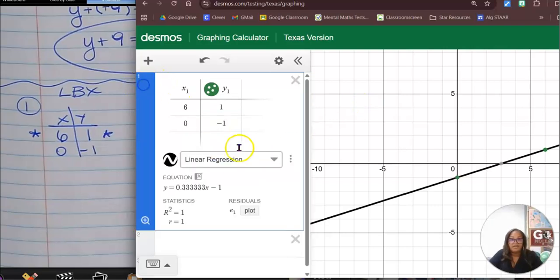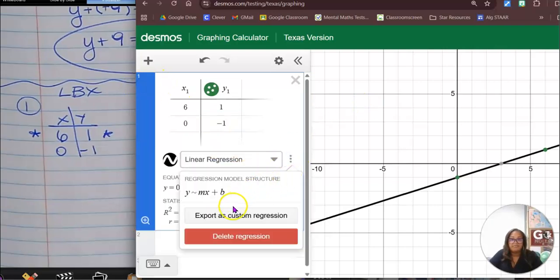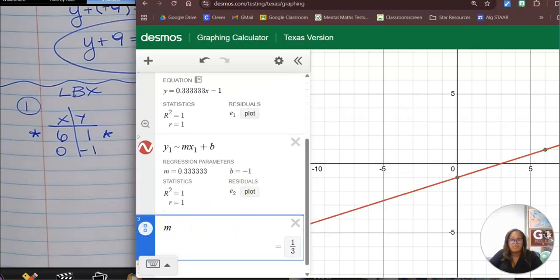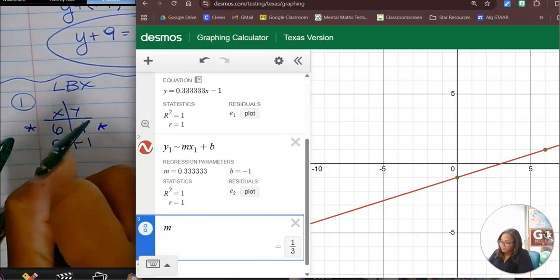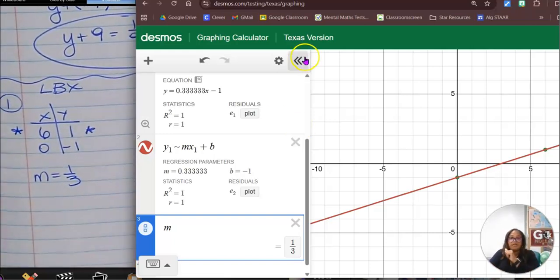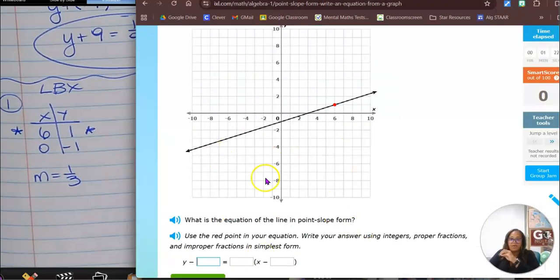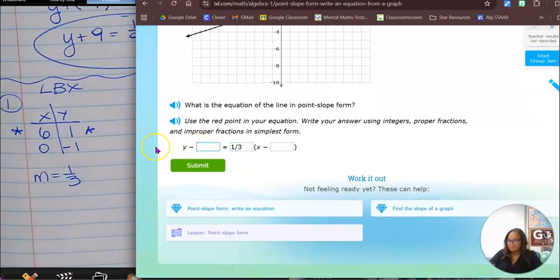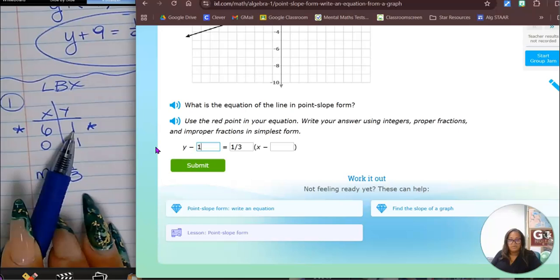All right, click your linear regression button, export, type M to get the slope. My slope is 1/3. So M is 1/3. So now when I get ready to type in my equation here, I'm going to put 1/3 here. And then my y value is 1.